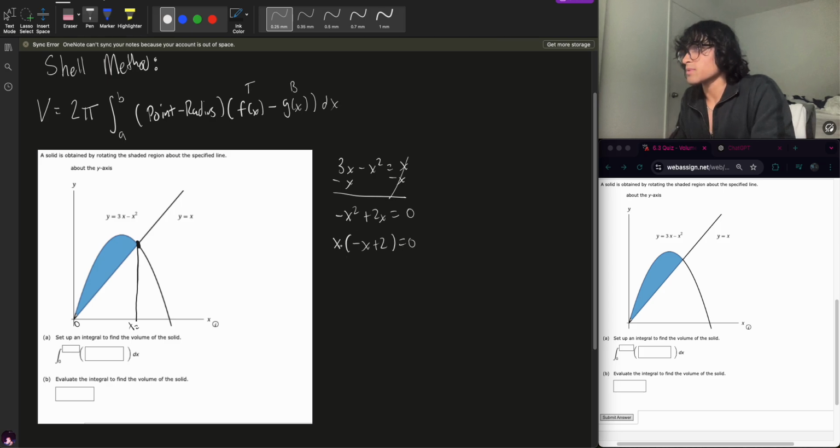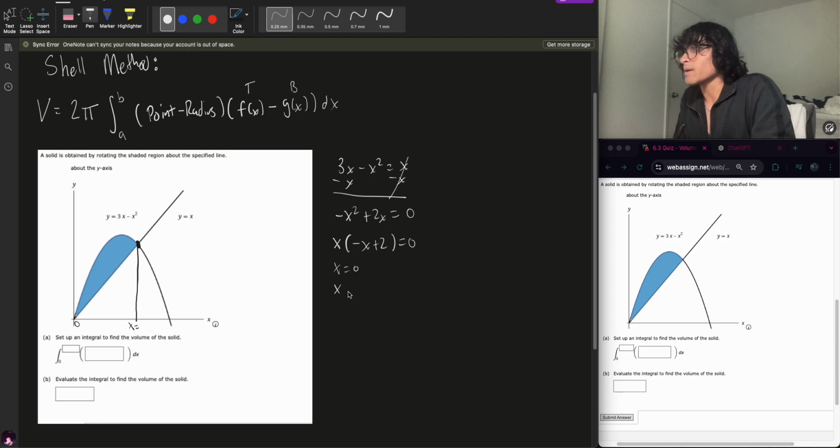The first x right here is going to equal 0, because if you solve for it, x equals 0. So that's going to be our lower bound, which is already given.